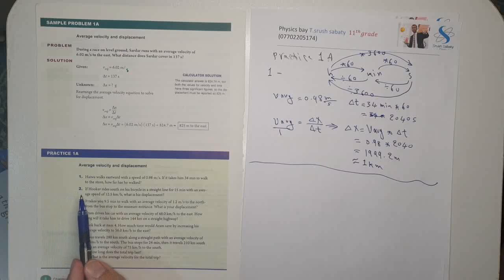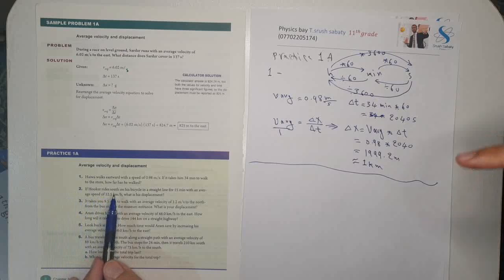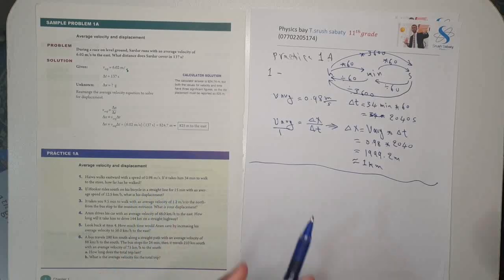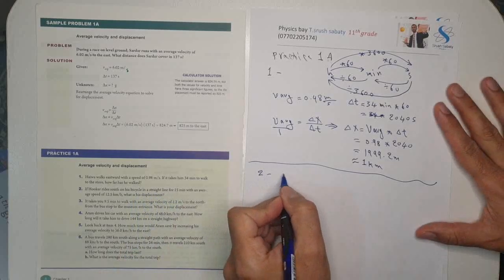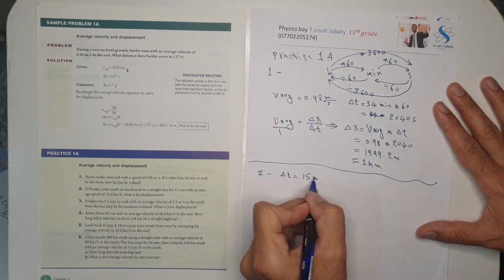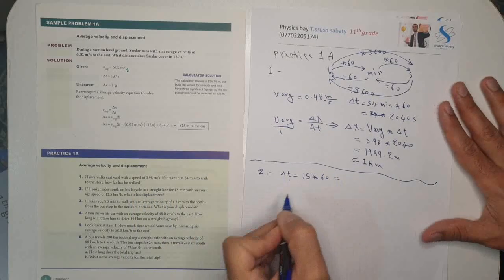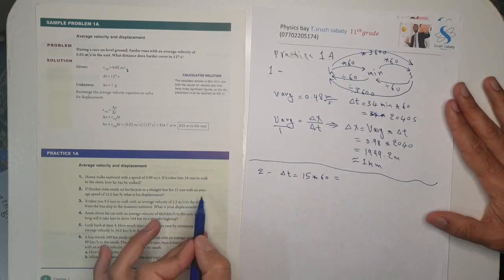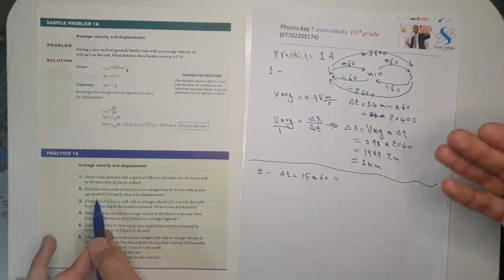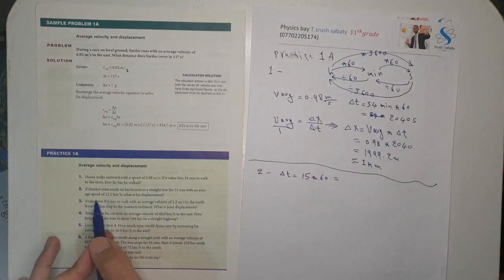2. Hauka rides south, you must be careful that south is negative sign, on his bicycle in a straight line for 15 minutes. For 15 minutes, so delta t is equal to 15 times 60 directly, so as to convert to second, with an average speed. Average speed is average velocity. For this book it does not differ, but actually it does differ.